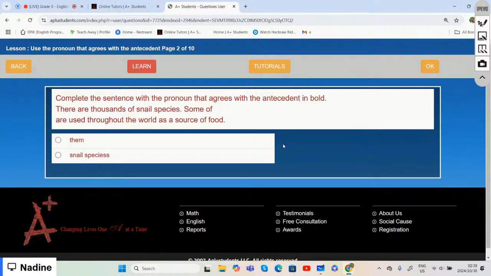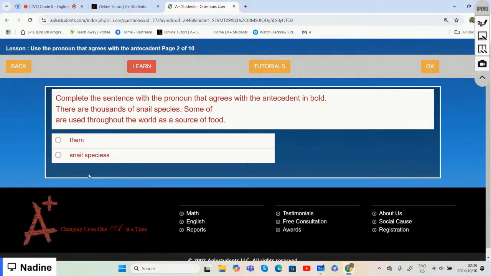We need to choose the pronoun that agrees with the antecedent. The pronoun. All right.